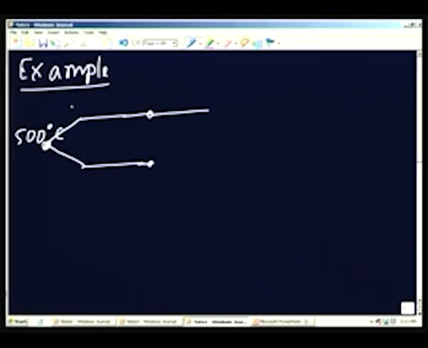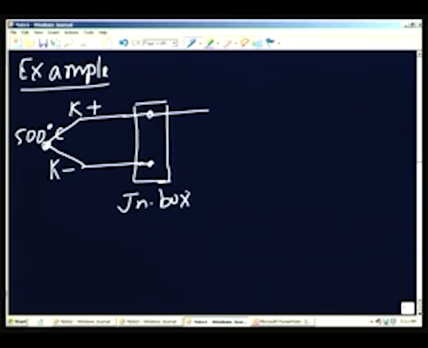So, this is K type positive, this is K type negative, and extension wires are connected to a junction box. We have already discussed the use of a junction box, which is maintained at 40 degrees centigrade.